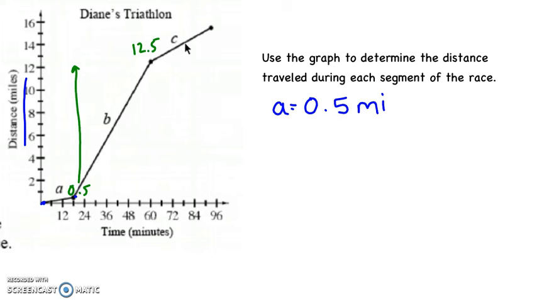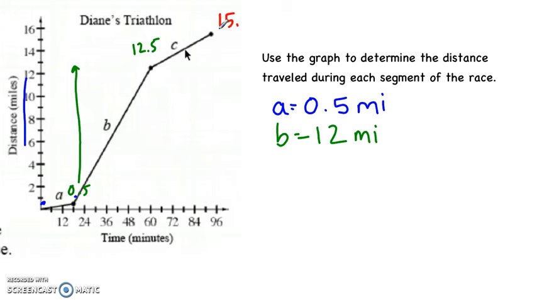So if we do 12.5 minus 0.5, B covers a distance of 12 miles. Then we look at C. C started at 12.5 and it goes to a distance of 15.5. So from the beginning of C to the end of C, it's a distance of 3 miles.